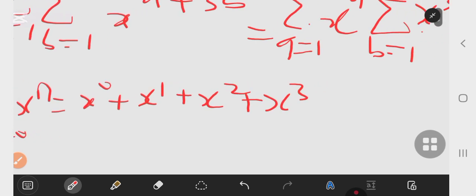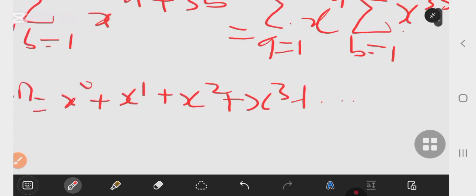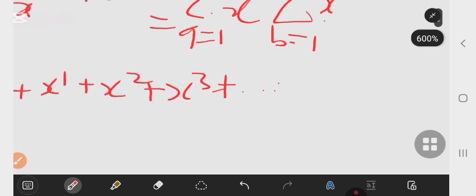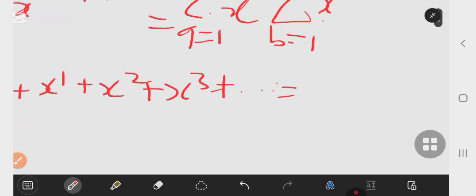This continues up to infinity. So from the sum of a GP, this is the same as 1 over 1 minus x.